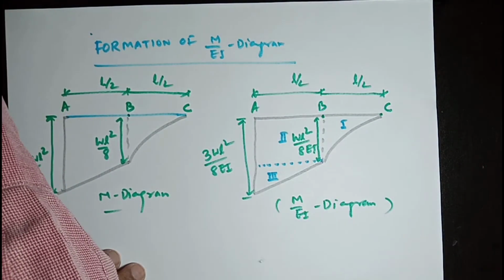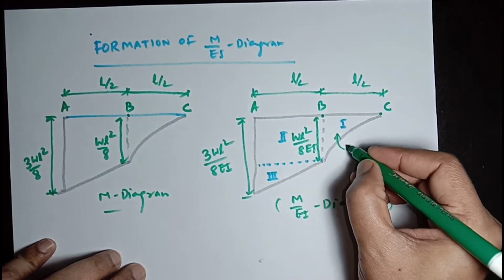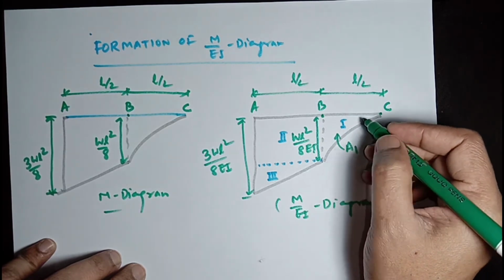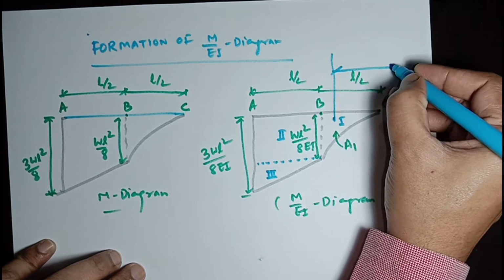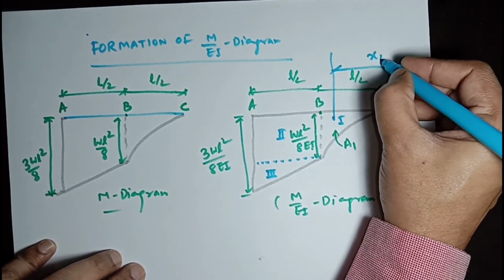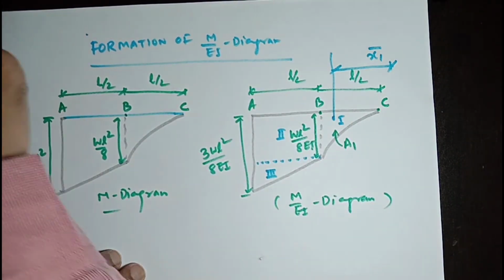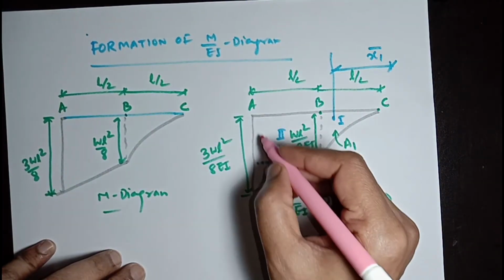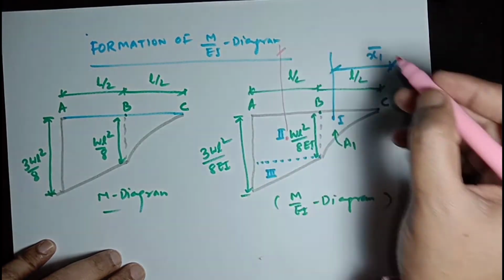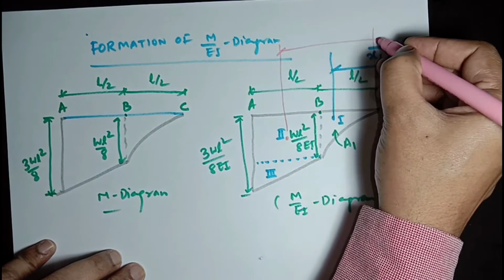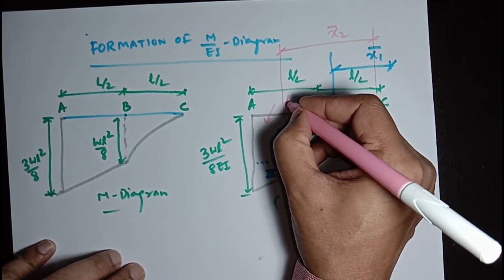Let's say this region has area A1, and its centroid with respect to C will be x1 bar. For this region, suppose the rectangle has its centroid in its center, so its centroid with respect to C will be x2 bar, and let's suppose its area is A2.